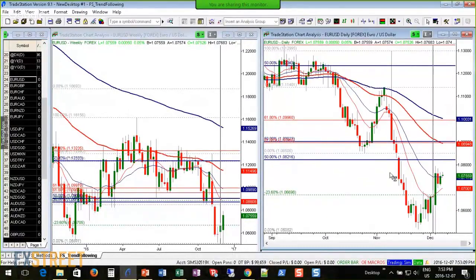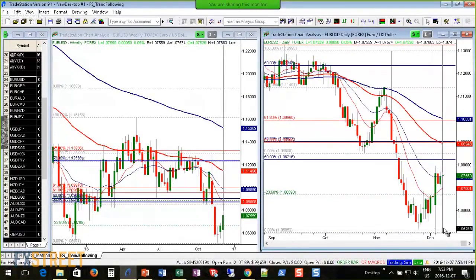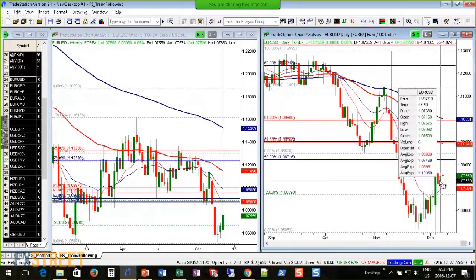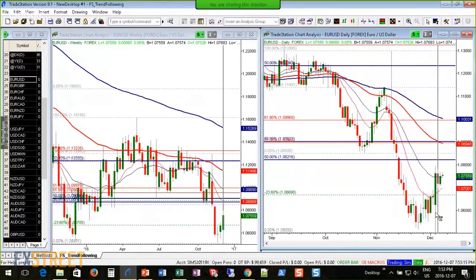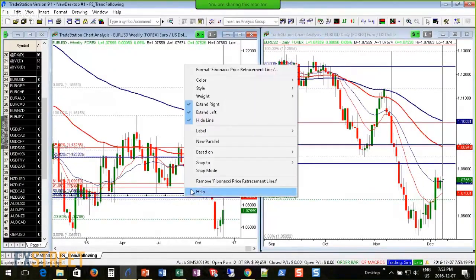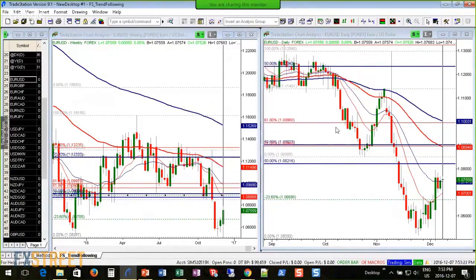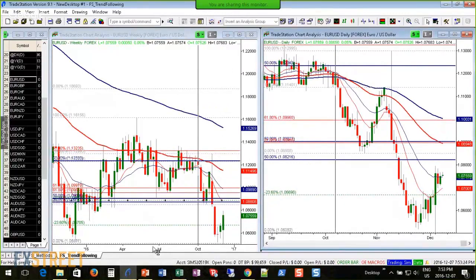The good thing is that at that point, our position was already risk-free, so we were stopped out at break-even. That is the importance of trading risk-free, using the risk-free method.